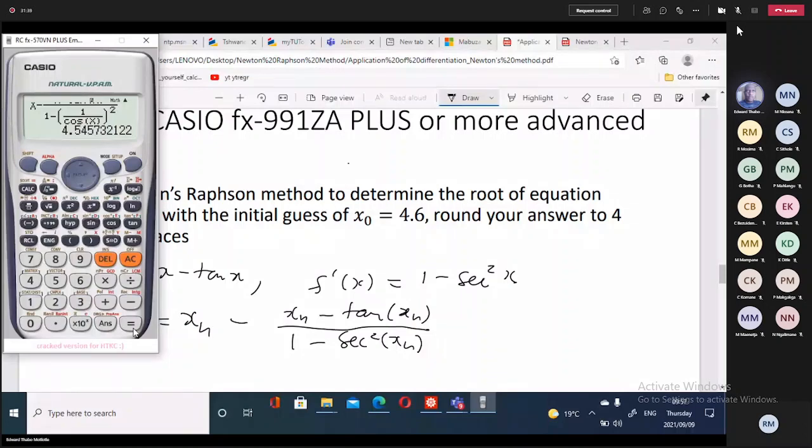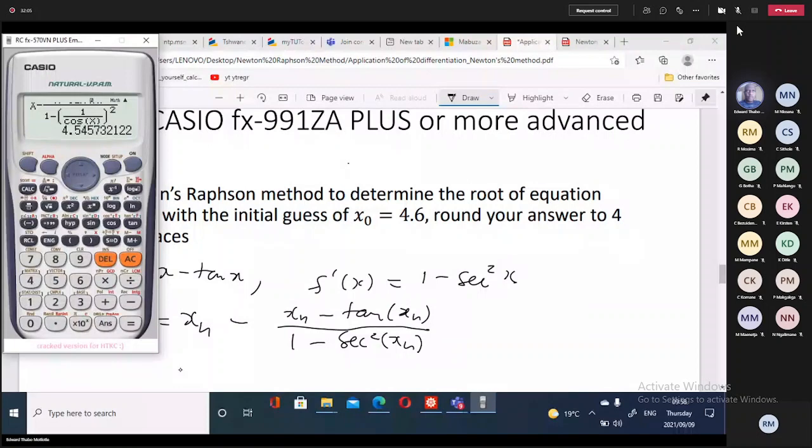If the 4 digits that you are looking for are the same, then you stop, okay? Now in this case, I can write the answer down. Because I started with x0, my x1 is equal to 4.5457.